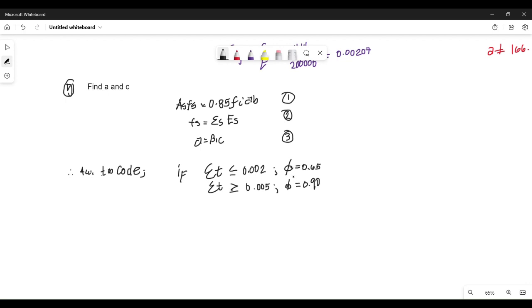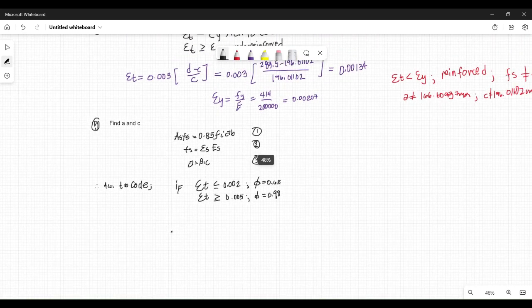Okay. Since ang strain T na nakuha natin, ay meron pa pala.